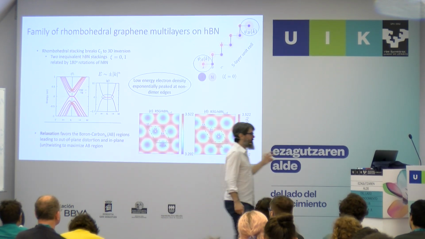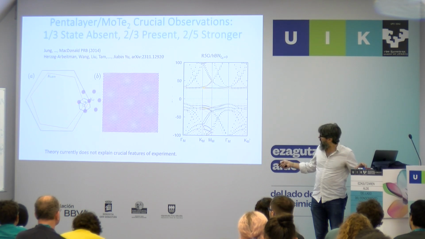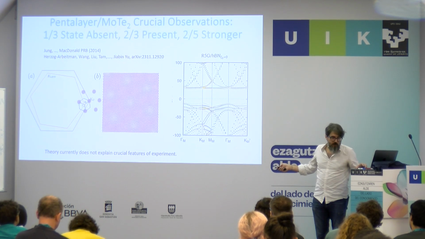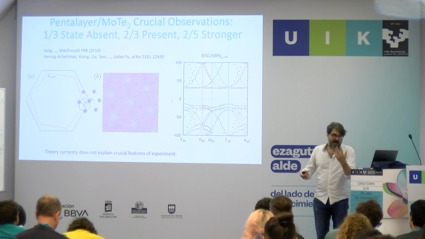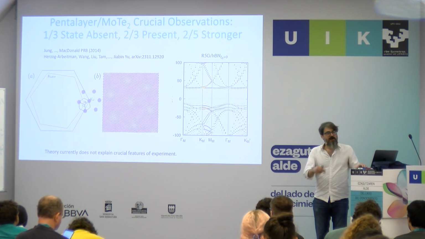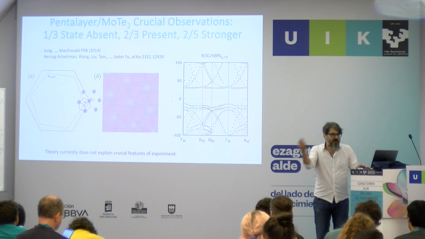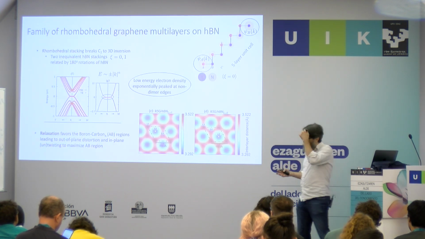Even if I didn't rotate the boron nitride, I still have a moiré because they have different lattice structures. That length scale of that moiré is also around 10, I mean, 14 to 10. But they're very similar. So in all these problems, there's a length scale.